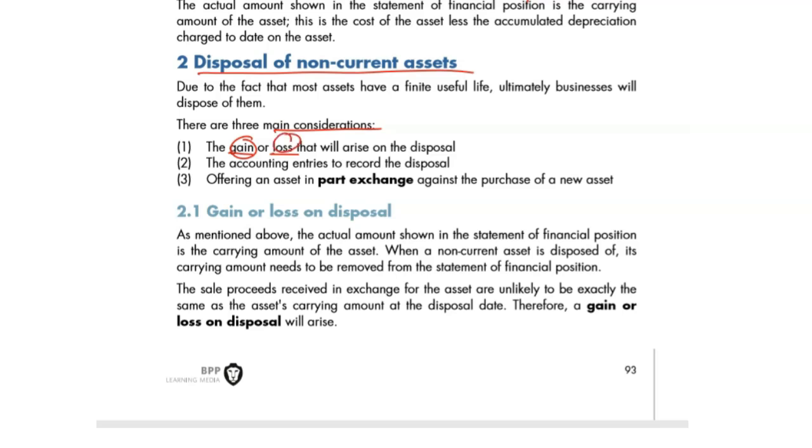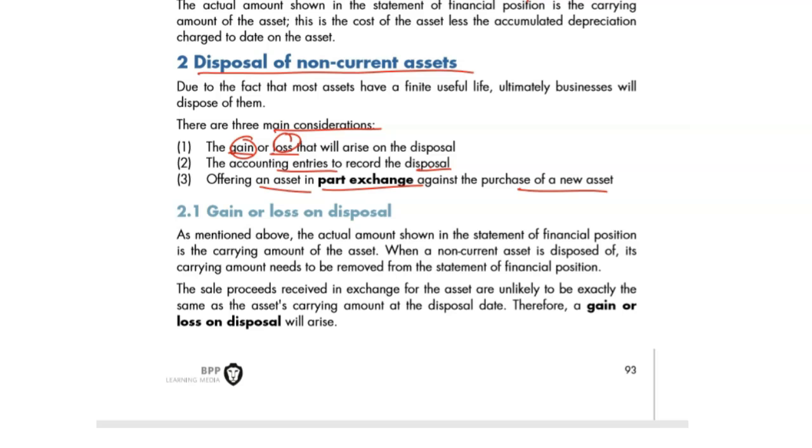Secondly, we do accounting entries to record the disposal, debit, credit, all these things. And third, we can offer the asset in part exchange against the old existing asset and against the new asset. Basically, you had the old asset, you can exchange it for a new asset. These are the things we do.